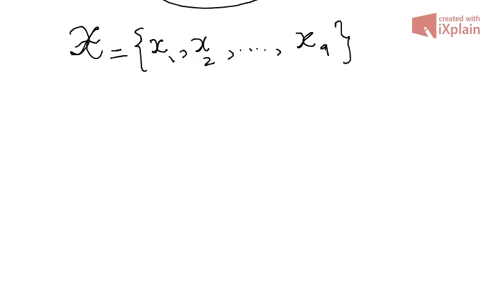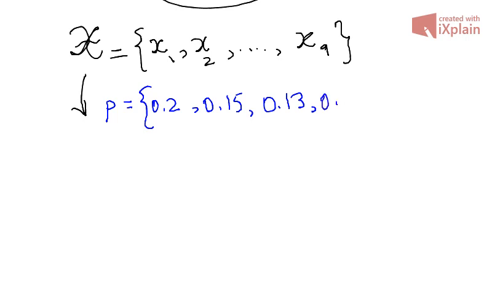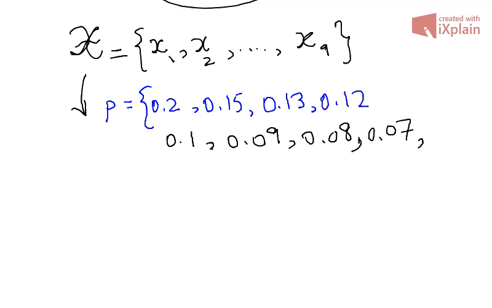The probability vector for this set is given, denoted by P. The probability of x1 is 0.2, for x2 it is 0.15, then 0.13, then 0.12, then 0.1, then 0.1, then 0.09, then 0.08, then 0.07, and then 0.06.